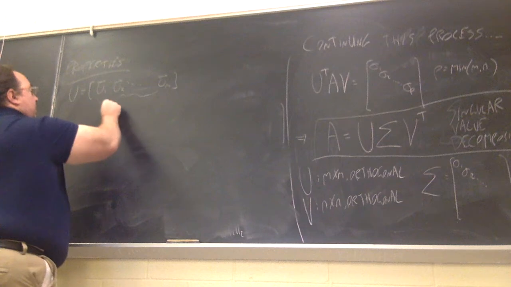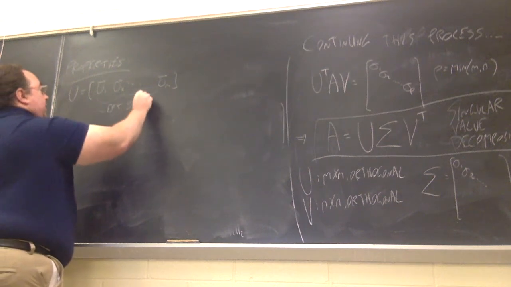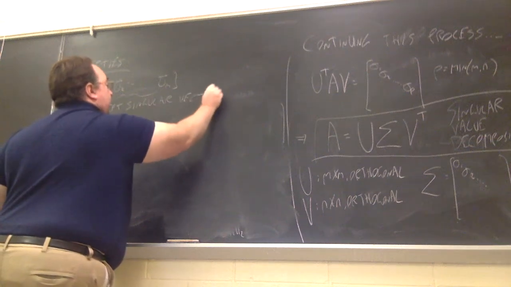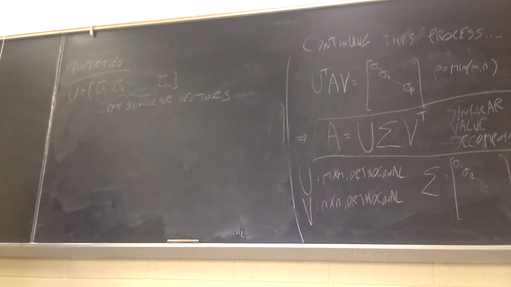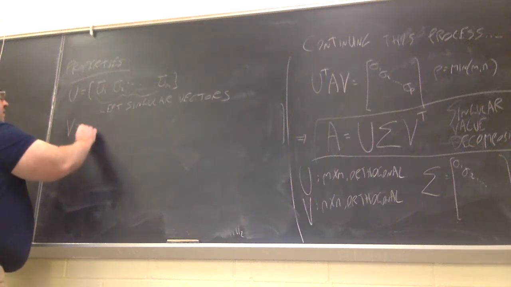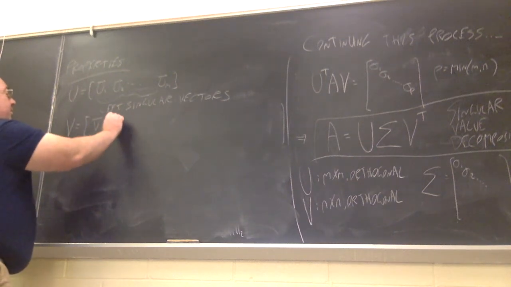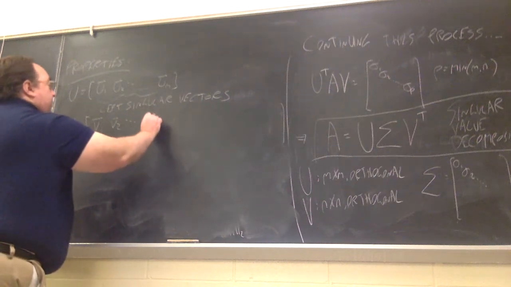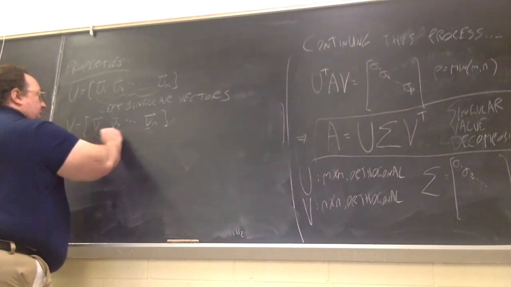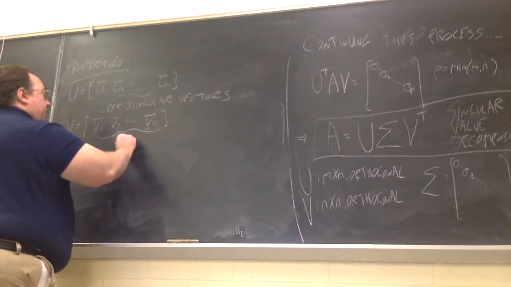These are what are called the left singular vectors, because A is equal to U sigma V transpose. V has columns V1, V2, up to Vn. So these are the right singular vectors.